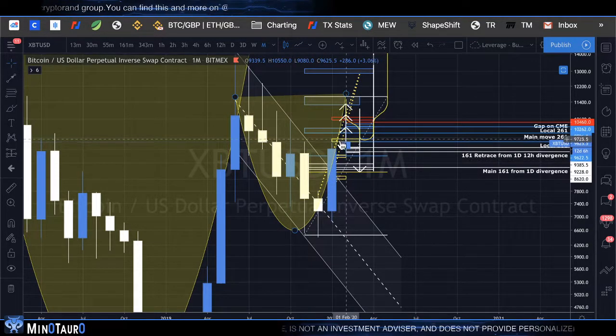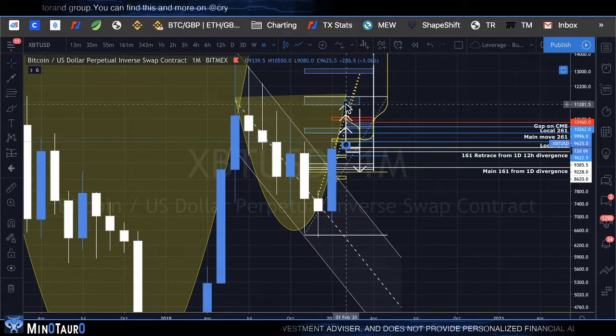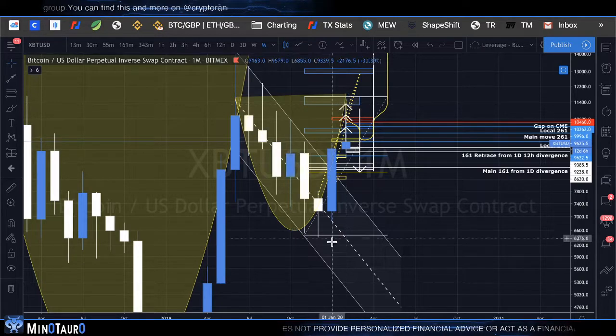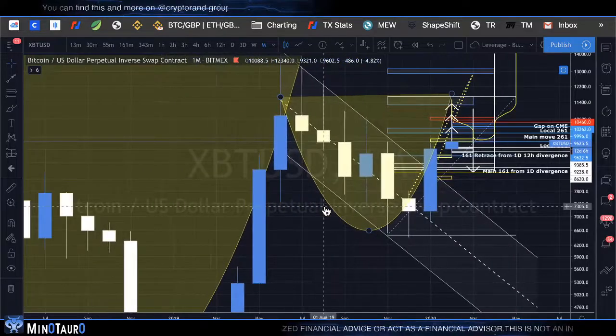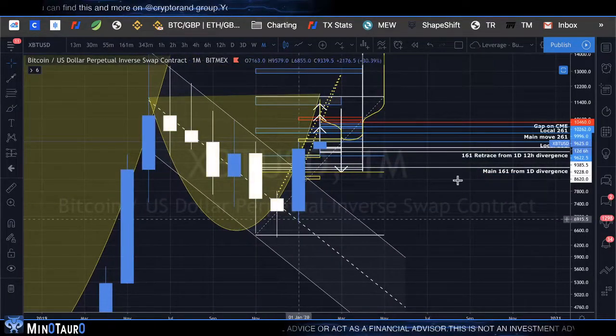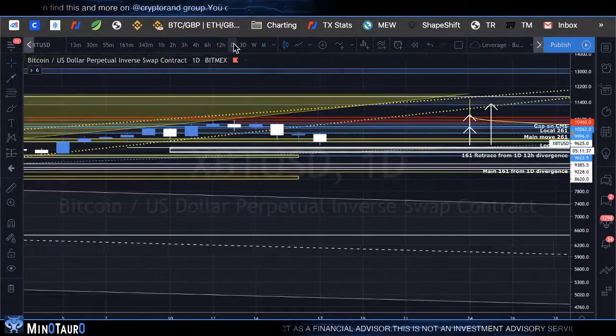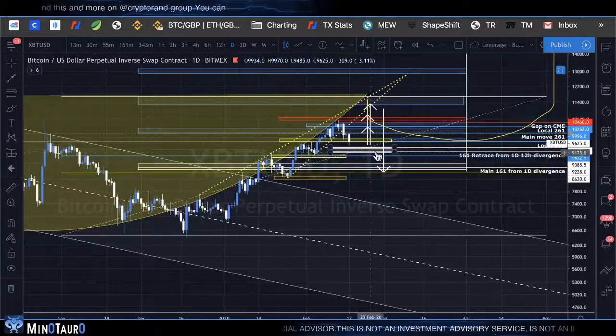We need to close over there to fix this, complete the cycle of the divergence we have here at the bottom, and be happy. So we're going to see.